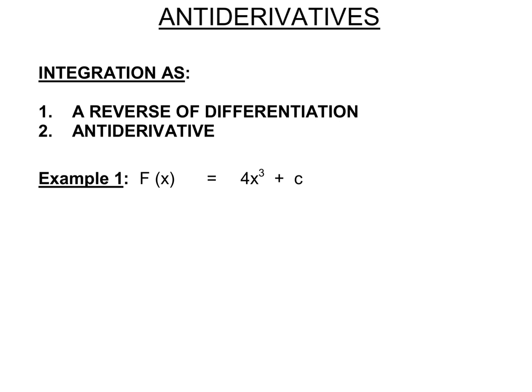Okay, so the first example that you have here is f(x) equals 4x to the power of 3 plus c. So when we say that it is the antiderivative of that, we try to find the derivative for this function.